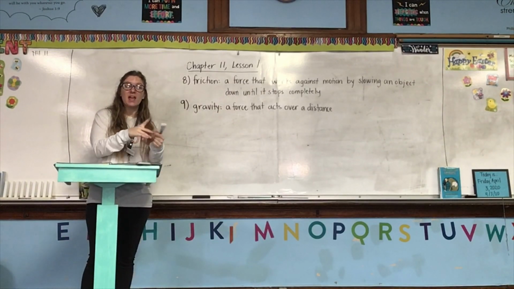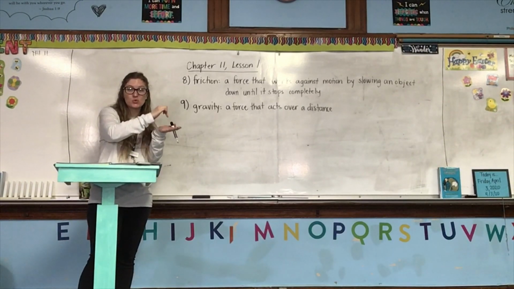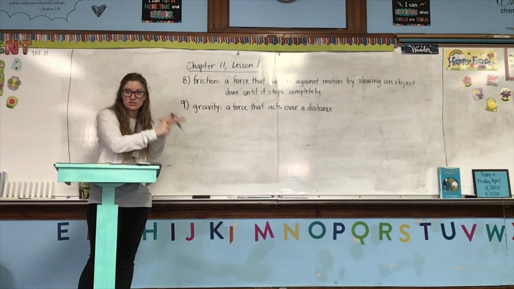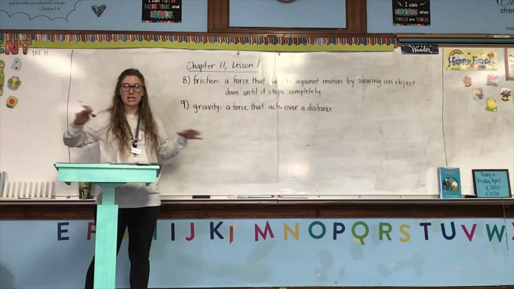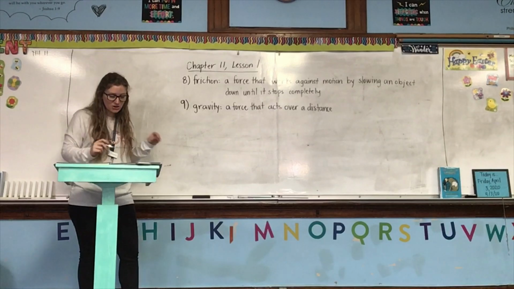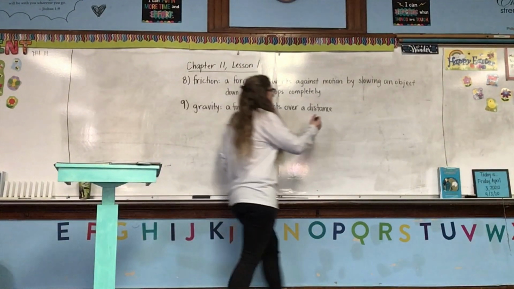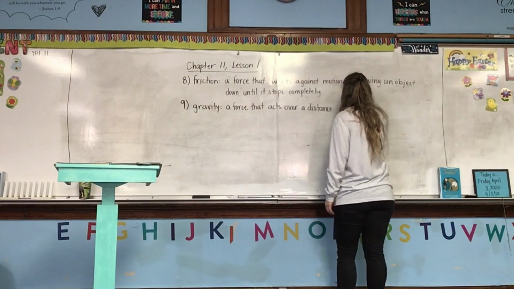Like friction stops an object or slows an object because it's right there. They're right next to each other, touching. Gravity acts over a distance. So we're not right there with whatever's causing that gravity. But it's a force that acts over a distance and pulls all objects together.